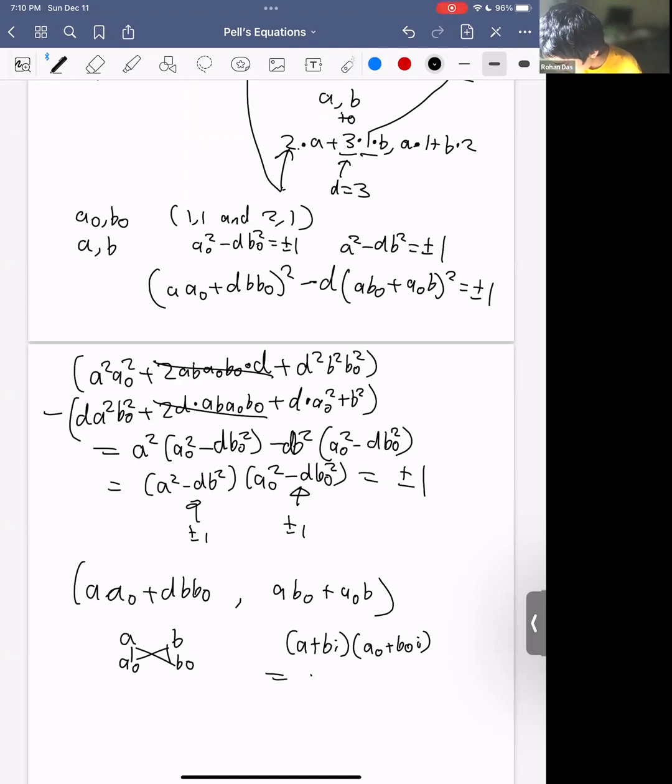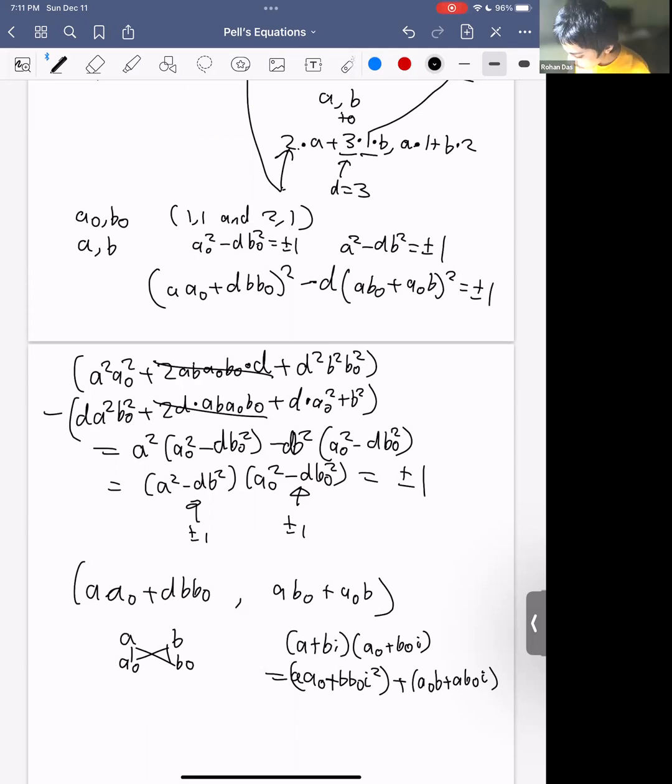This expands to a0 times a minus b times b0, which we can also write as plus b0 times i squared, and then plus a0b plus ab0i.